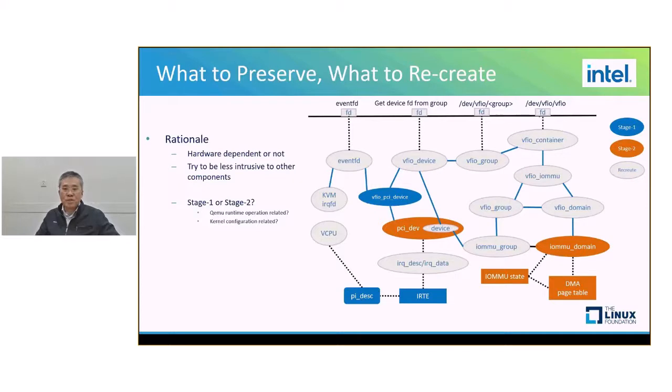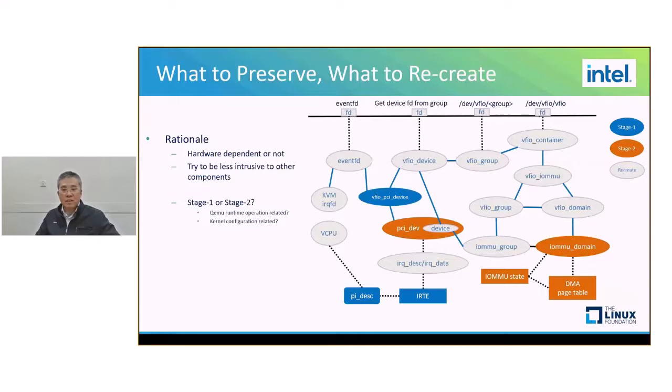So as shown in this picture, a lot of data structures or software states are involved in the lifetime of the VM. To implement VMM fast restart, we need to figure out which ones need to be preserved and which ones we can recreate across the Kexec-Reboot. There are some rationales to help determine this.